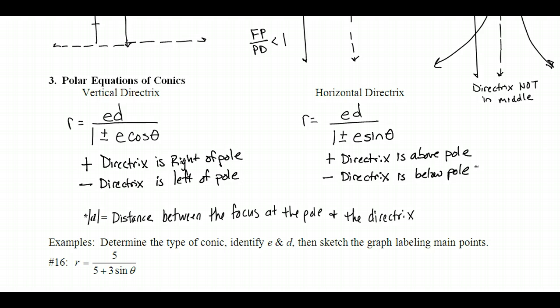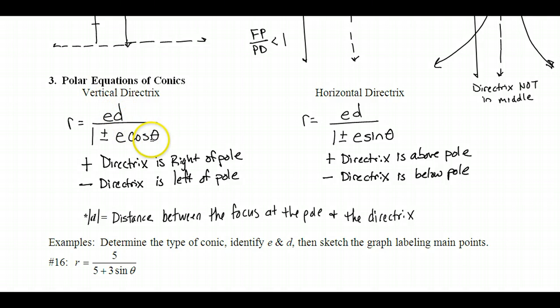So when you write your equations, eccentricity times your distance divided by 1, it's either plus or minus, and pretty easy to determine. And then it's your eccentricity either times cosine of theta or times sine of theta, depending on your directrix, whether it is obviously a vertical directrix.